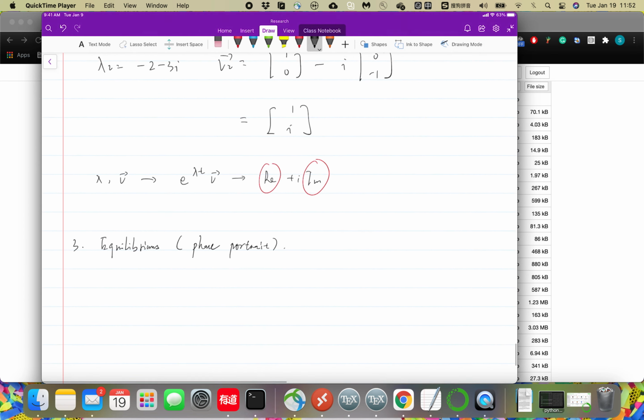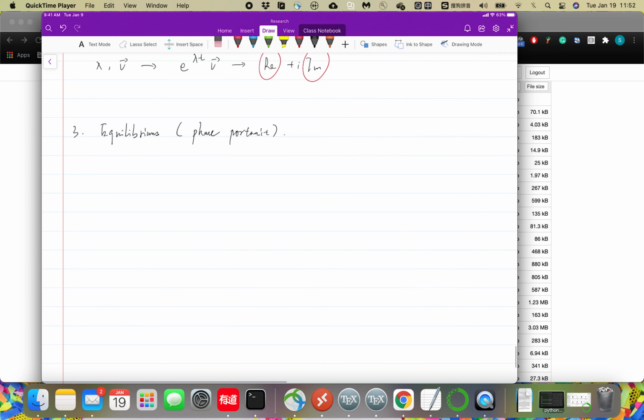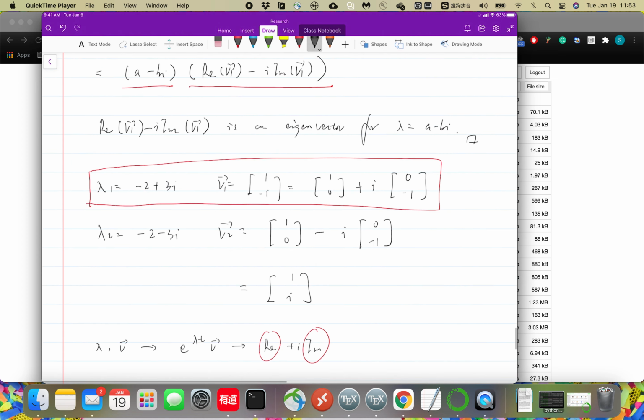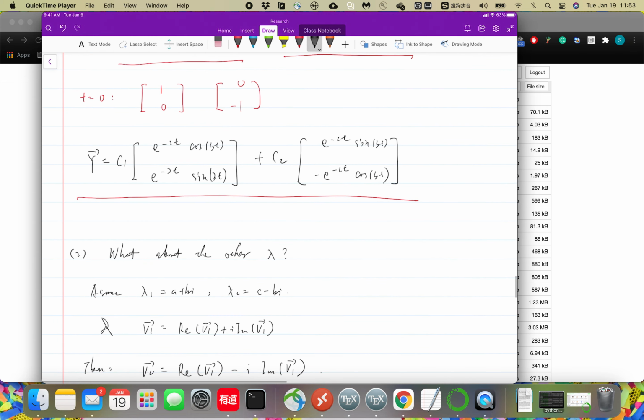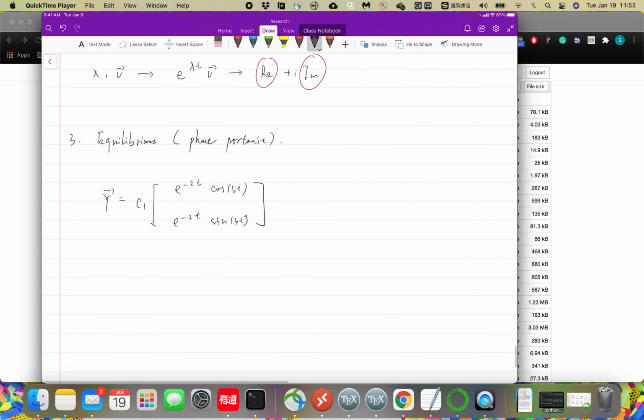The first is, let me see, y equals cosine 3t, sine 3t. And make sure. Yeah. That's c1 plus c2 e to the negative 2t sine 3t, negative e to the negative t cosine 3t.